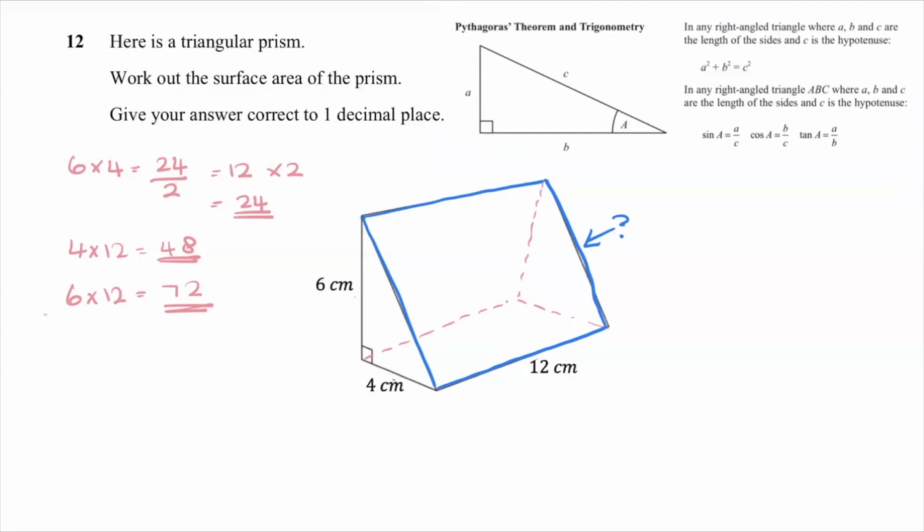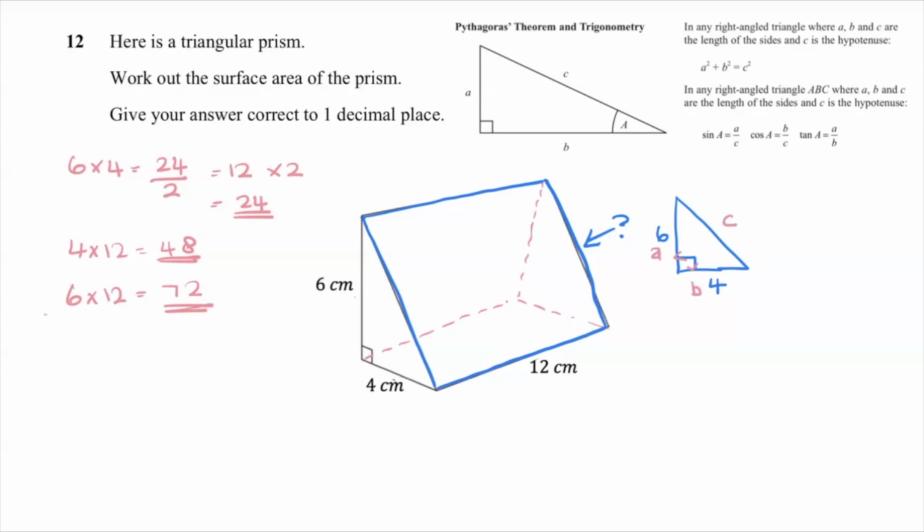I always recommend just transporting out the detail that we really want to look at here. We've got our right angle, we've got a 6, and we've got a 4. Looking on the formula sheet, it tells me that A and B are made from the right angle. I've got A here and B here, which makes C our missing edge.